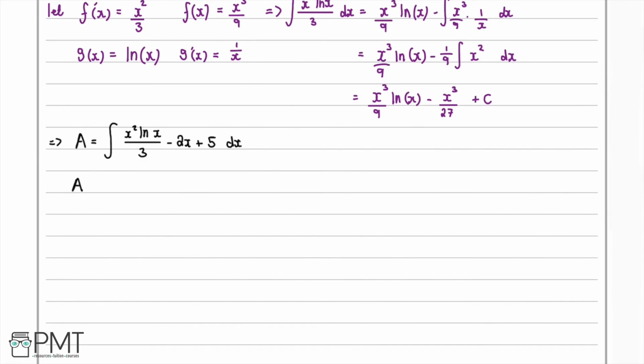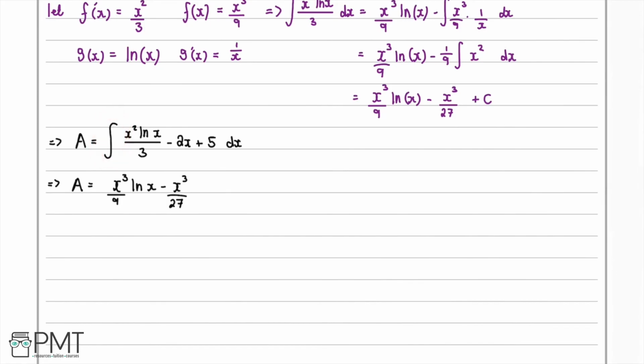So therefore, we have that the area is going to be, so we've just worked out what this integral is in here, so we'll copy this down there. So we're going to have x cubed divided by 9, ln of x, and then we subtract x cubed over 27, and we don't need to add c because we're about to deal with our limits.